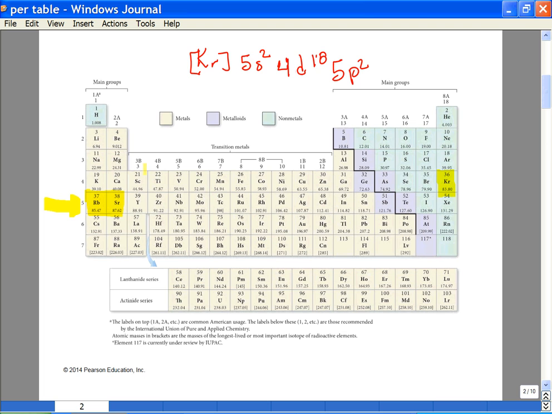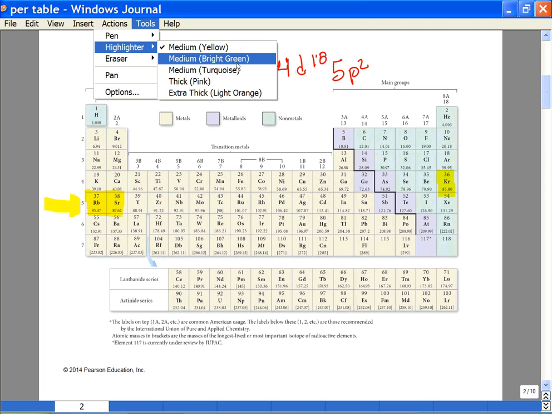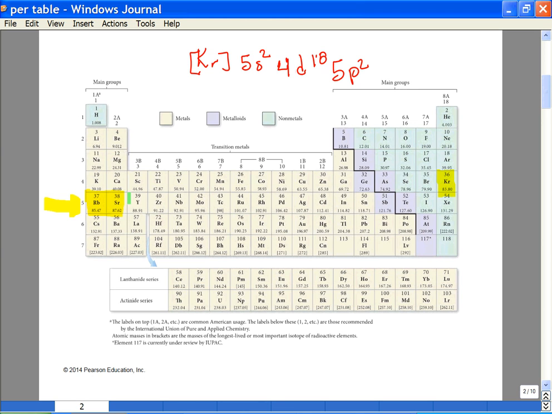We see that 4d is also filled, and this is 4d here. All of these are 4d. I'm sorry, each d orbital can hold 2 electrons, so it could be a total of 10 electrons across the D block.